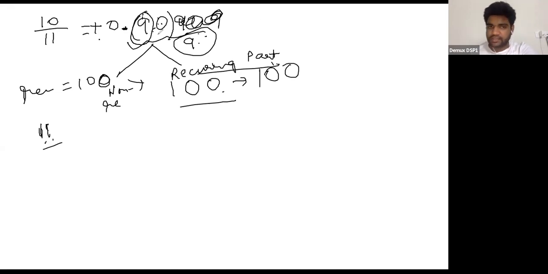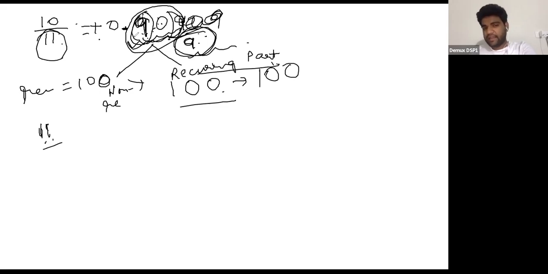Because the process is the same, it will start enumerating the same thing again. Like here you got a 9 and you know that you had gotten a 9 before also. So now after this, whatever will come will be the same, because you have gotten a 9 and the denominator is always fixed. The part with which you are dividing is fixed, and the quotient is fixed. Then basically the entire sequence of outcomes will be the same from here on.